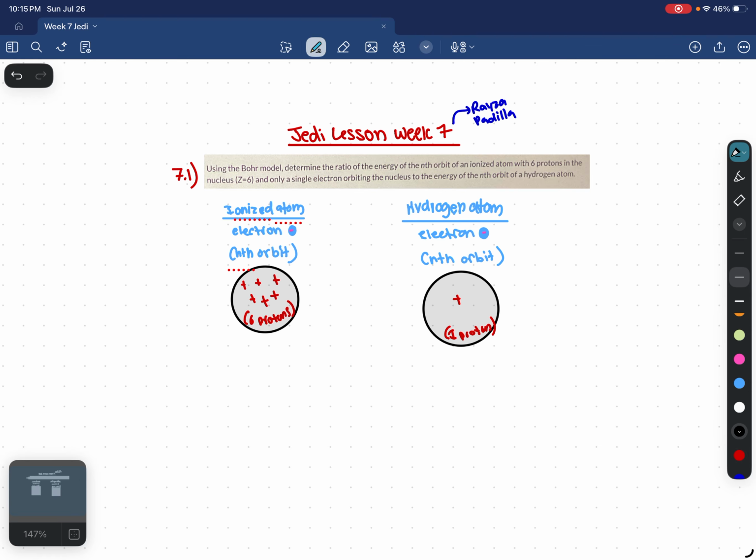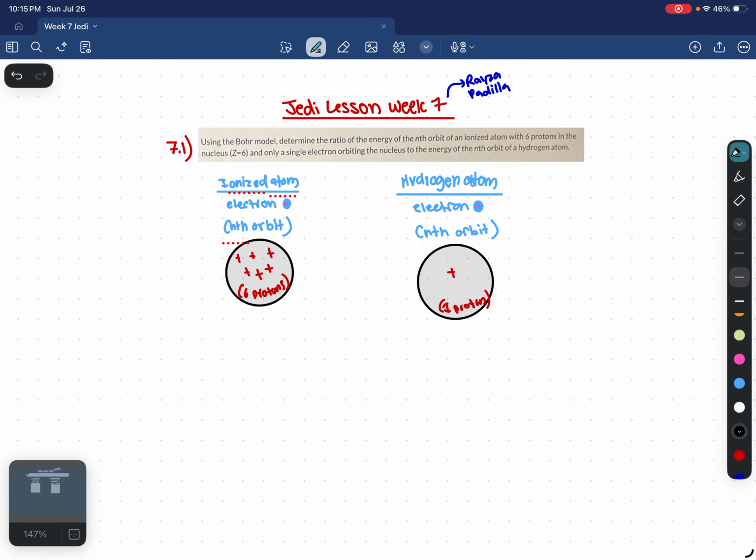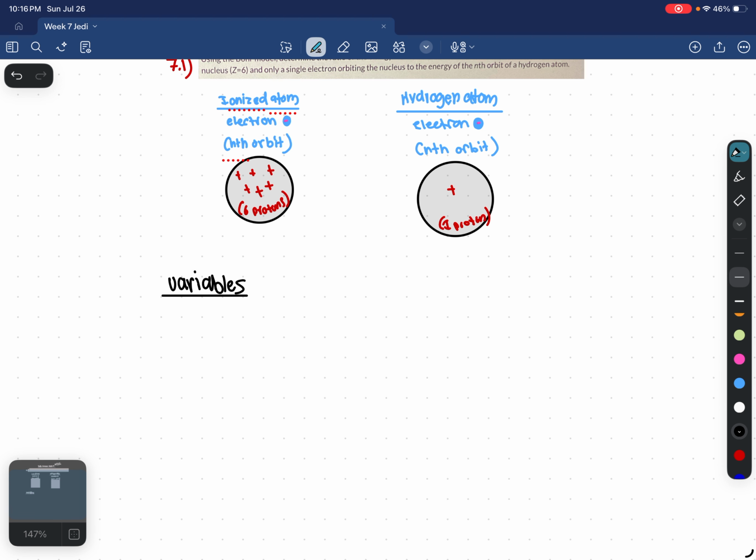Before we get into all of that, to determine the ratio of energy of the ninth orbit of an ionized atom, we're going to start with some variables that we need to know. First, we need to know what En is, which is the total energy of the electron in the ninth orbit.